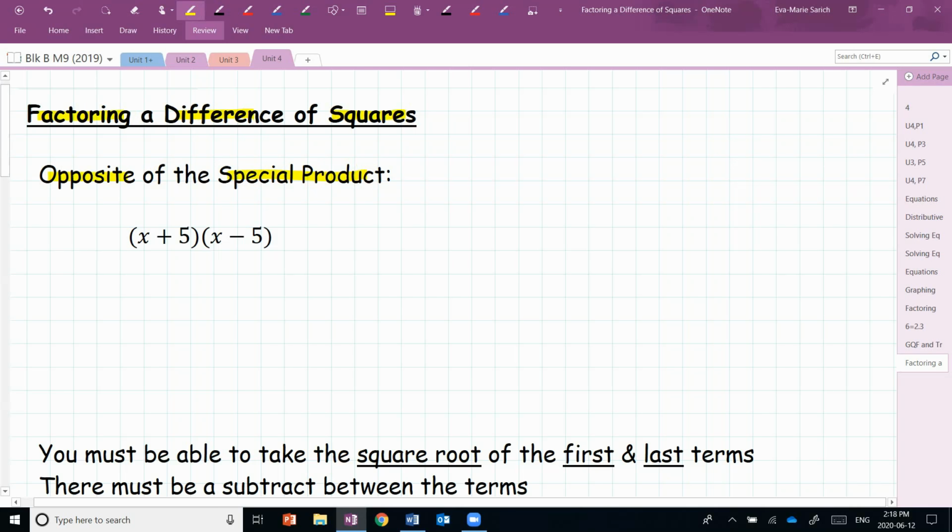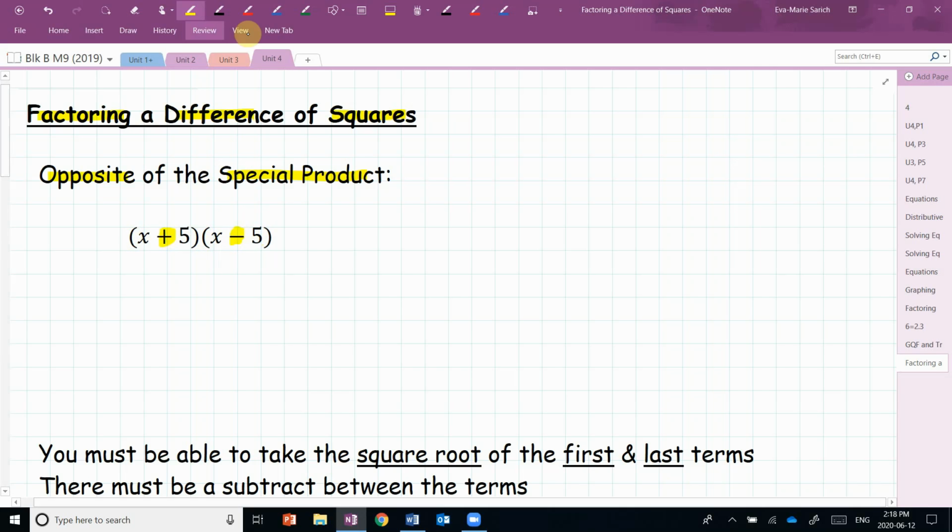So the special product that we're talking about here is a binomial that looks very similar: the x's, in this case, are the same as the first term. The last terms look the same, 5 and 5, except one is positive and one is negative.